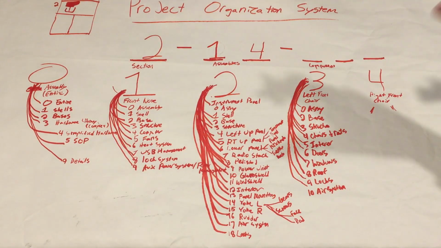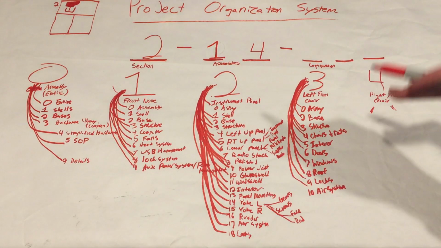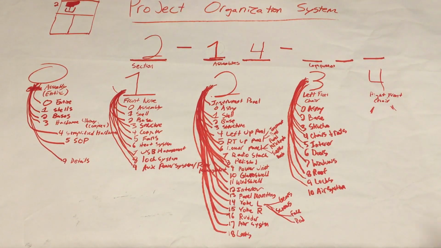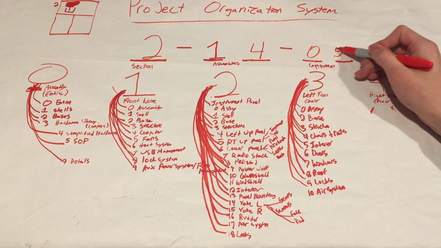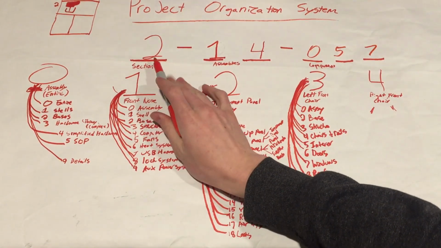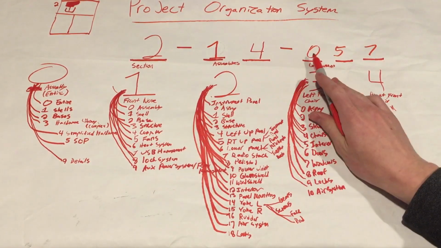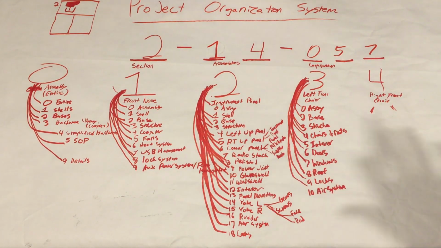So it's really important that I have a place for every single part, and that I'm not digging through files like a madman. So, a number like this, 2, 14, 057, could easily help you identify what exactly is going on.